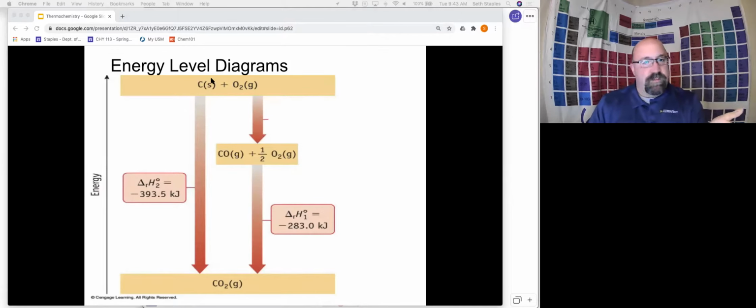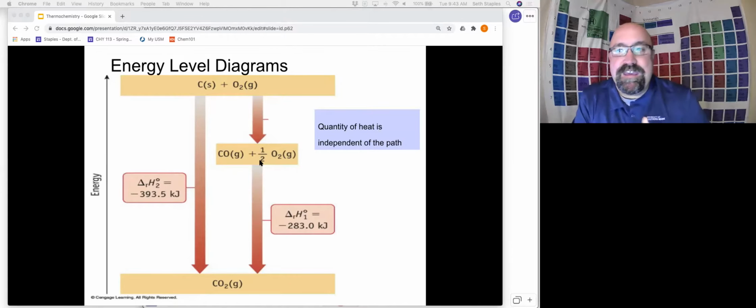We're starting from the same point, we're ending at the same point. And so since enthalpy is a state function, it doesn't matter if we take this longer route to get there, that energy difference is still going to be the same. And so the quantity of the heat is independent of the path that we take to get there.